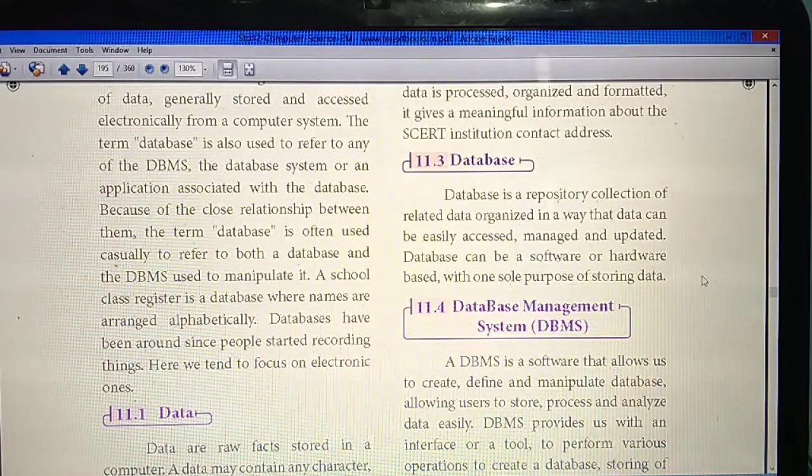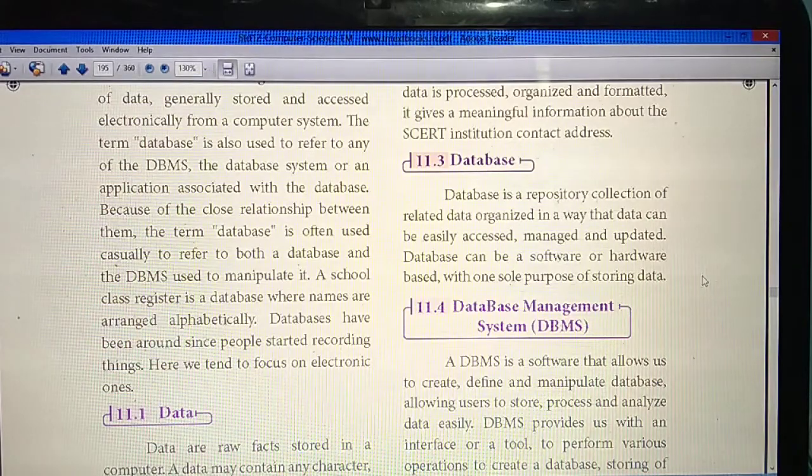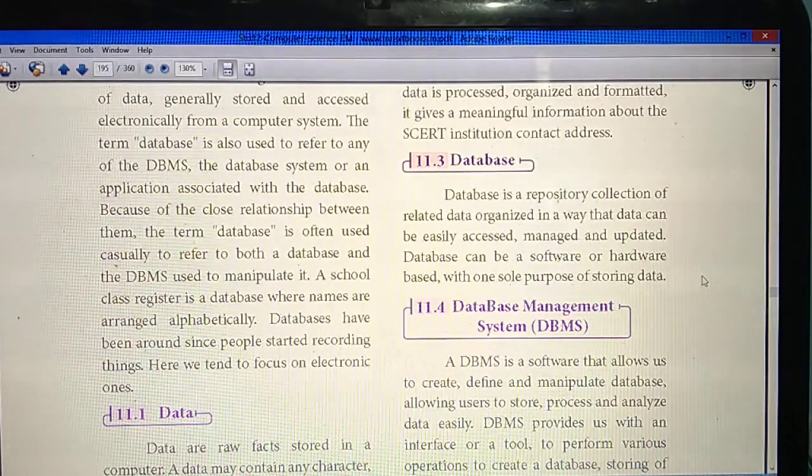For example, your names are stored in the school database. Suppose you have paid the fees for the first term; they will put a tick mark or some symbol there. You have paid the fees for mid-term. Some students have not paid the fees for mid-term; in that place they will put not paid. So that is updated. Understand now?